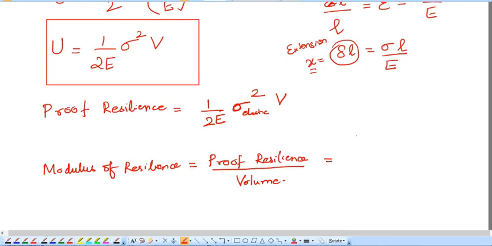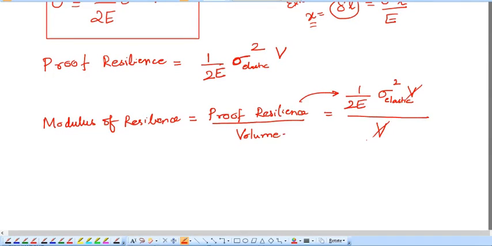It is 1 by 2E into sigma square V. So this stress is the stress at elastic limit, and the volume of the body is taken as V. So when you cancel volume in the numerator and denominator, you'll be getting the modulus of resilience as 1 by 2E into sigma square.